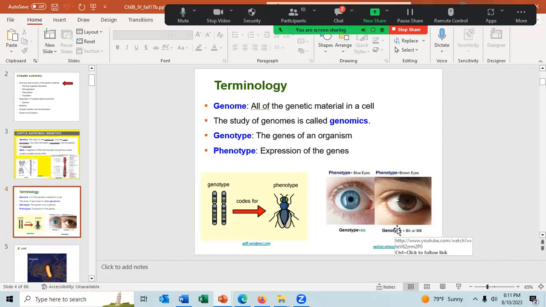Something like a person's weight would be a complex genetic trait where there is more than one gene that can affect the person's weight, but then the person can also have more or less weight depending on their environment, meaning if they're constantly eating, they're going to be heavier than if they're constantly dieting, or eating very little food. They'll weigh less. And the point is, weight is a complex trait.